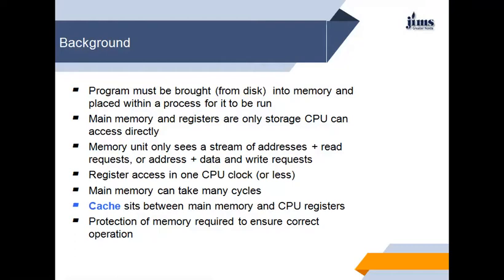Register access takes one CPU clock or less. So, meaning to say, you can access the register in one CPU clock. The main memory data can be accessed in one cycle, or it may take many cycles also.